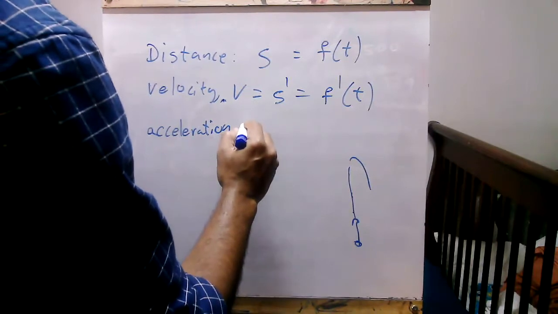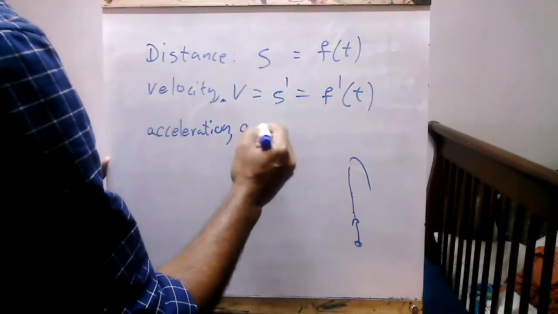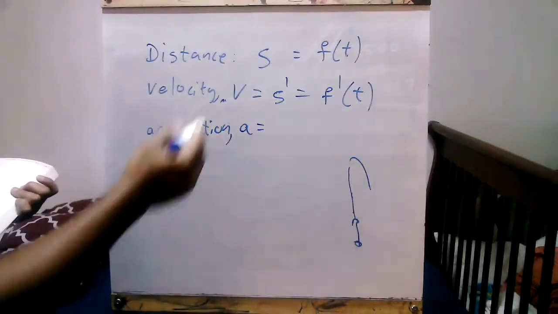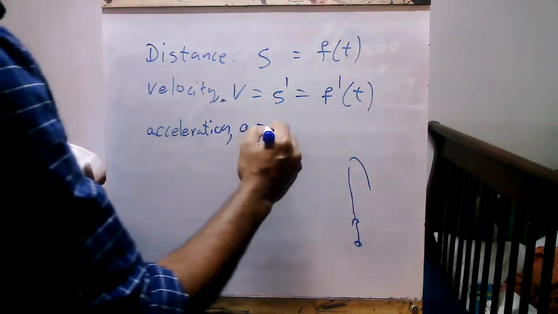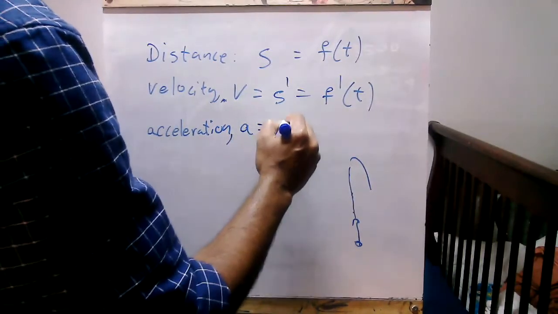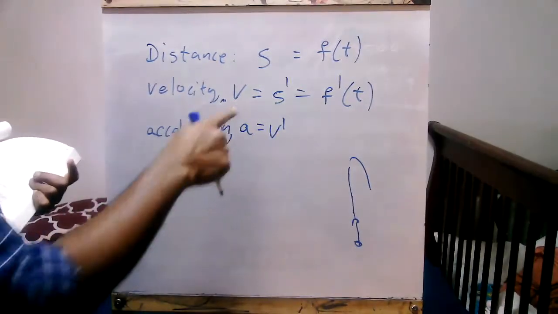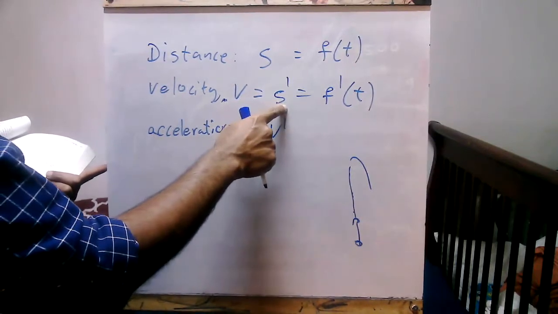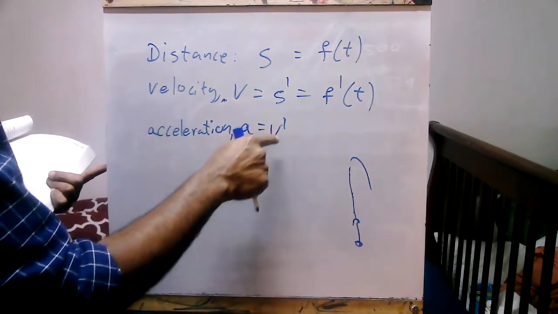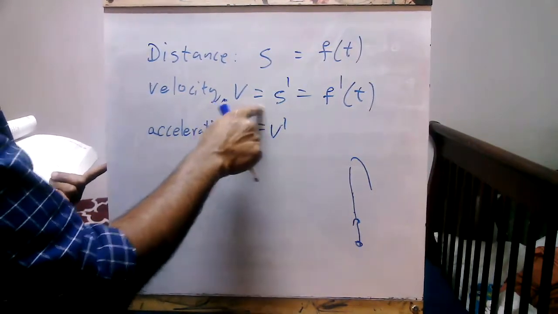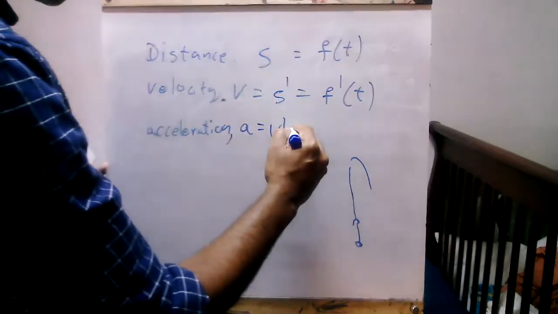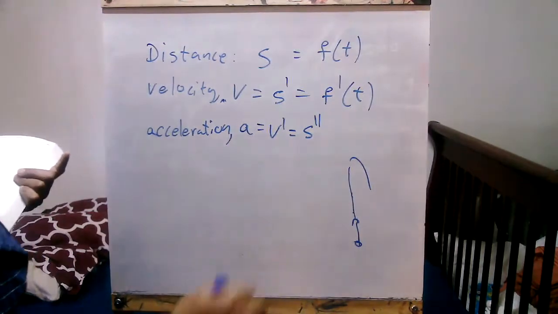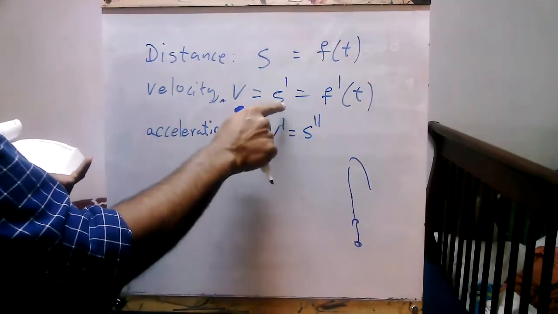Acceleration, let's use the letter a, is the derivative of velocity, v prime. Velocity is s prime, therefore the derivative of velocity is equal to s double prime, meaning the second derivative of s.